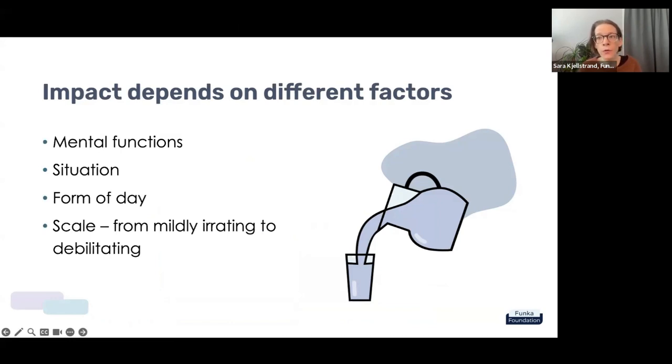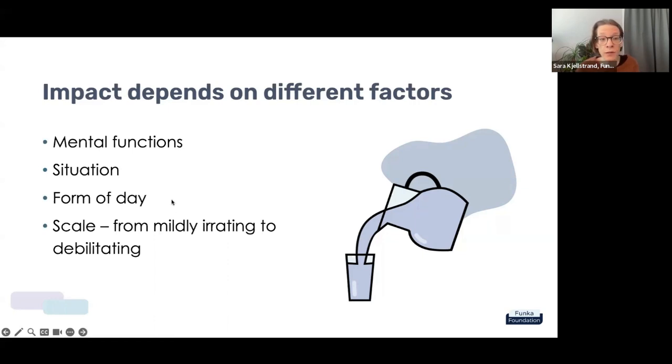So the threshold for what information is too much information is lower, and it's easier to get stressed. And for persons with a cognitive impairment, it could also be that what you did yesterday or the day before still has an impact on how much energy you have and what the form of day is today.